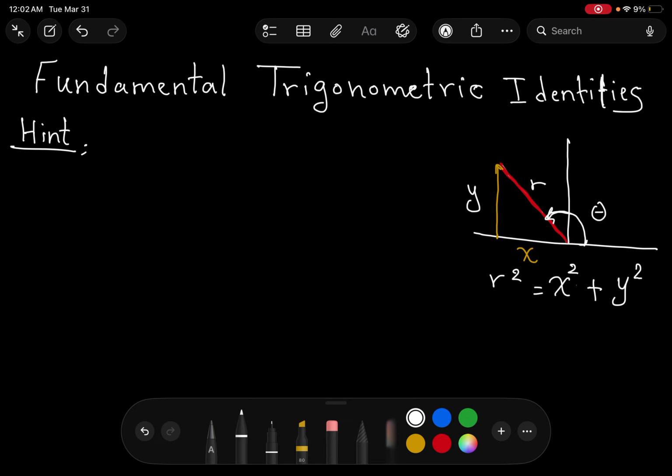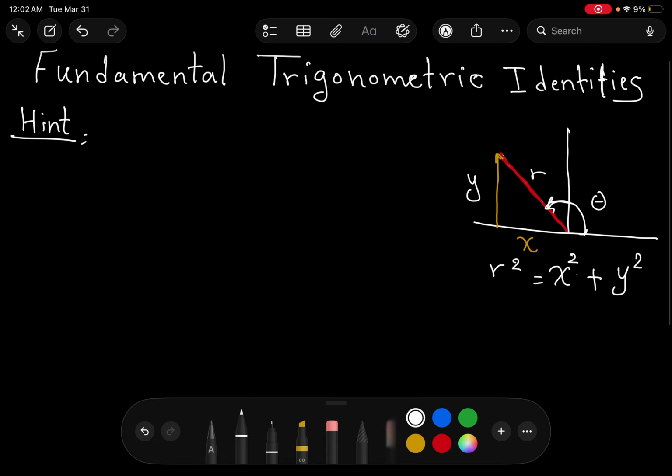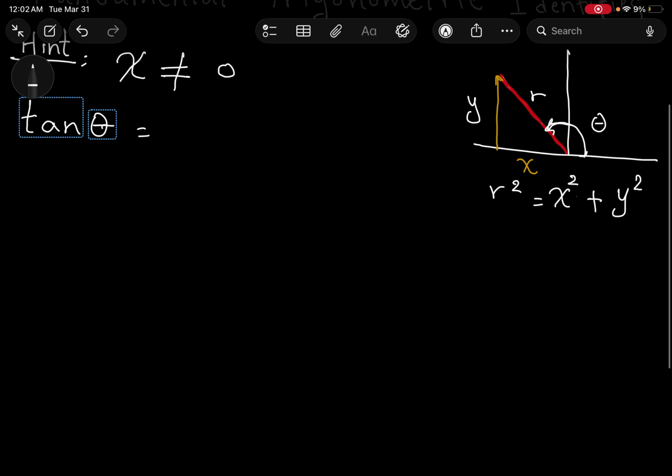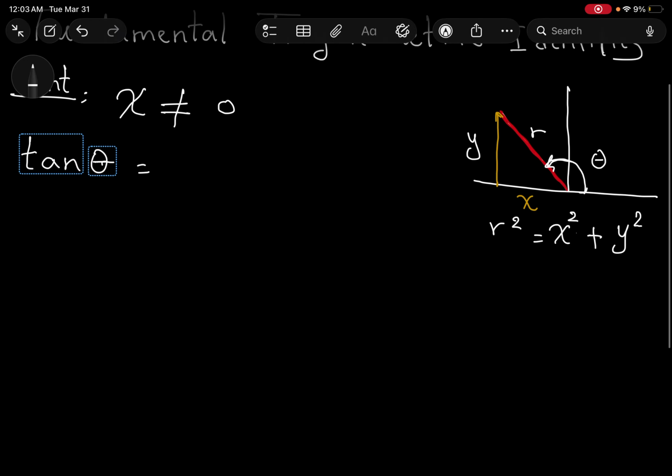The first hint: for example, x does not equal 0. Tangent theta equals y over x.